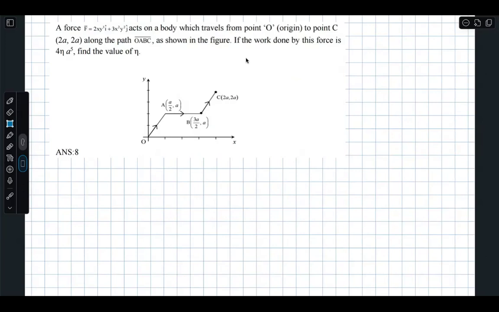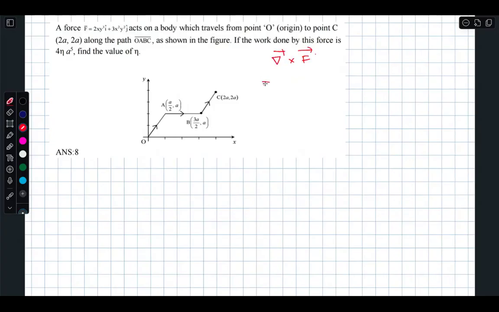First we should check whether it is conservative or not. If it is conservative, simply we can conclude that it is path independent. Let me just see. Del bar cross F bar.